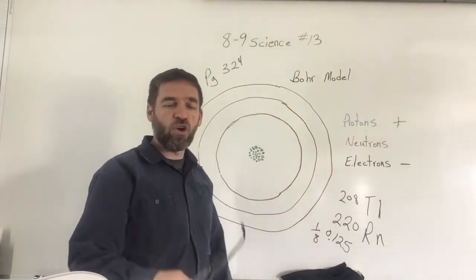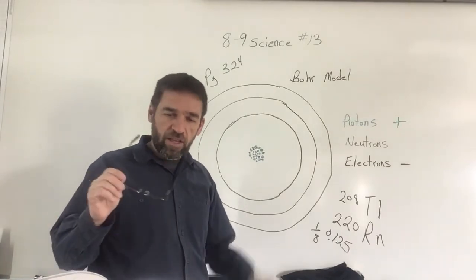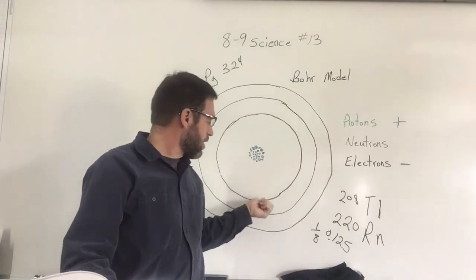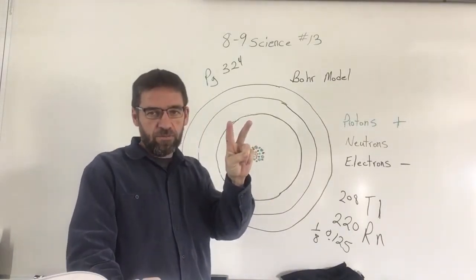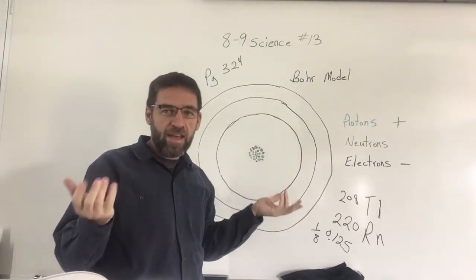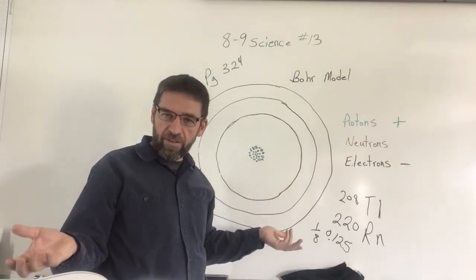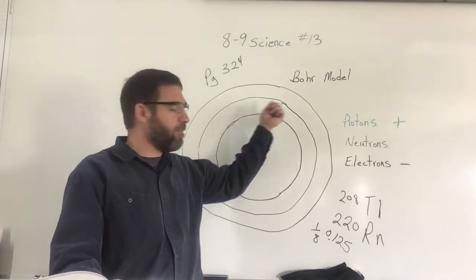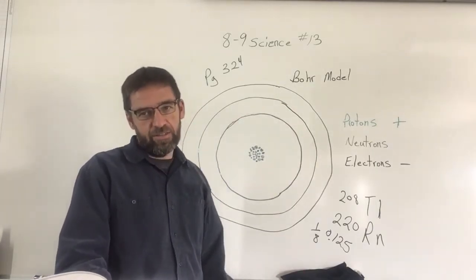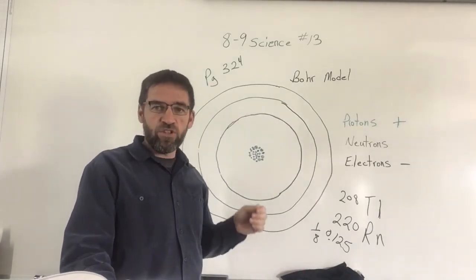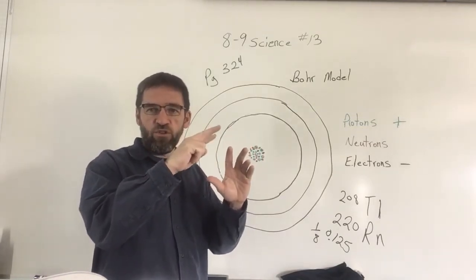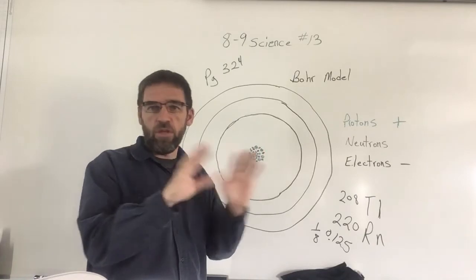You have that little chart on top of the page, and on that chart it tells you that in the first circle around the atom you'll have 2 electrons. And if that's all the atom has, then that's all you'll have. But if it has more, then in the second circle you can put up to 8 of them guys. Okay, so if it just has a total of 10, you'll put 2 in the first one, 8 in the second one, and you're done.